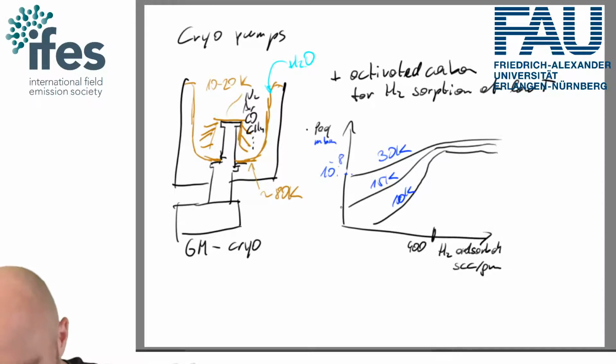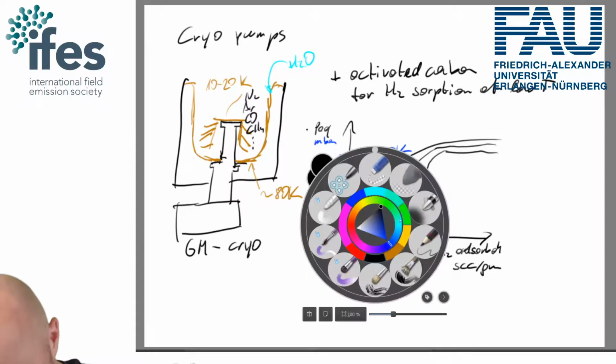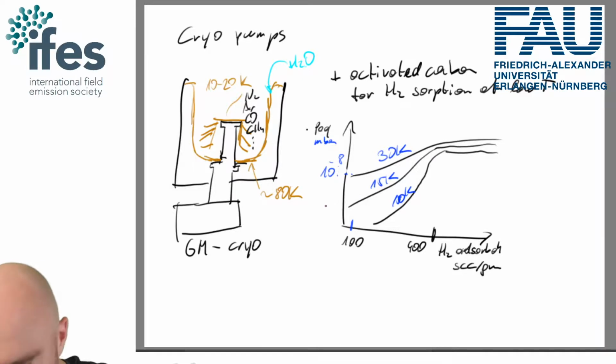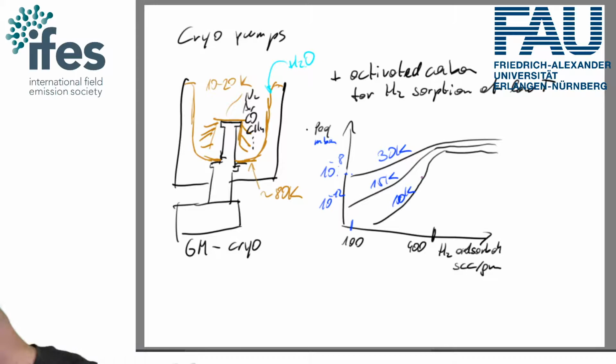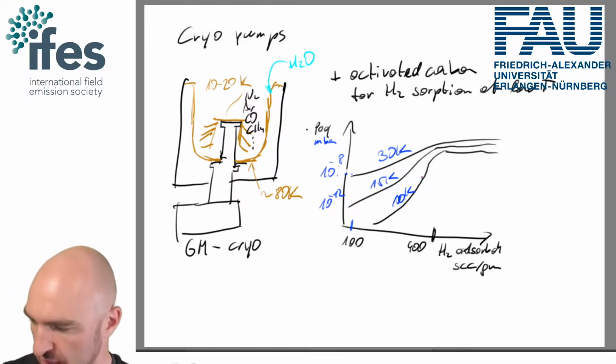At 15 Kelvin, let's say, if this is 100 SCC, then at 15 Kelvin and 100 SCC, we would be at 10 to the minus 12, and so on. And then we'll get to some pretty ridiculously low pressures.